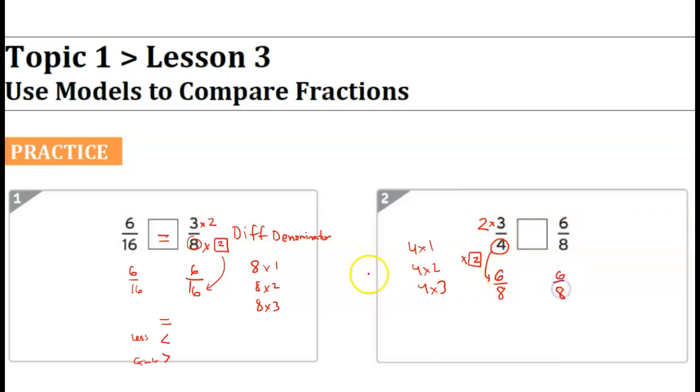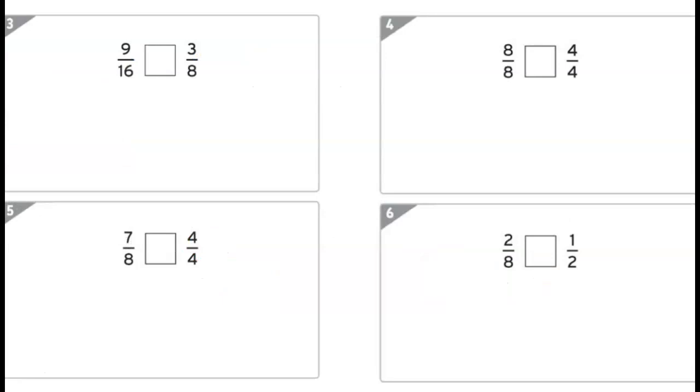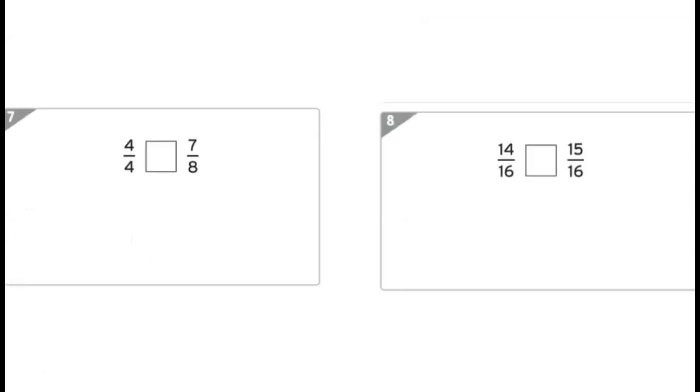Now, I promise that's not always going to be the case, so just in case you're wondering, oh, they're all the same, they might not be, so try the rest out. But in this case, they are equal. But like I said, make sure to try that out for numbers 3, 4, 5, and 6. And 7 and 8.